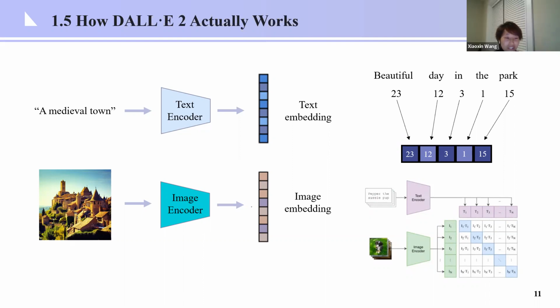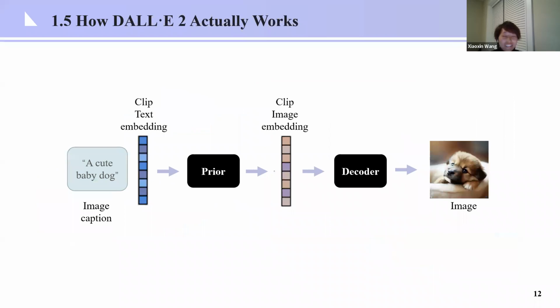Yes, thank you, Dr. You can see in this architecture, the blue vector shown here is the CLIP text embedding, and the orange one is the CLIP image embedding.